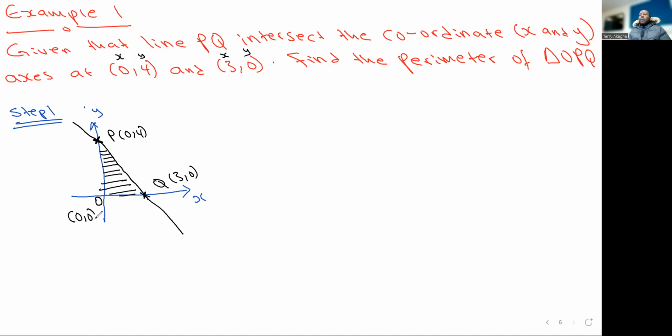Origin is always 0 and 0. So please go back to the coordinate system video if you've missed it. One of the things I talked about was that the coordinates for origin are 0 and 0. So the origin is 0, 0, the P is 0 and 4, and the Q is what? 3 and 0. All right.